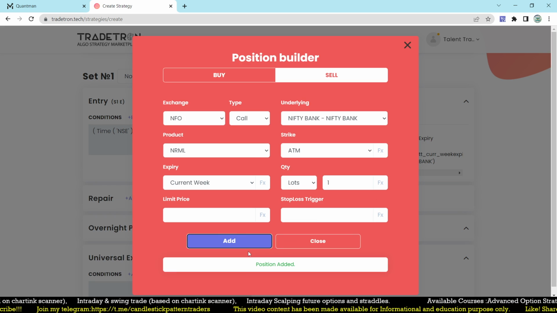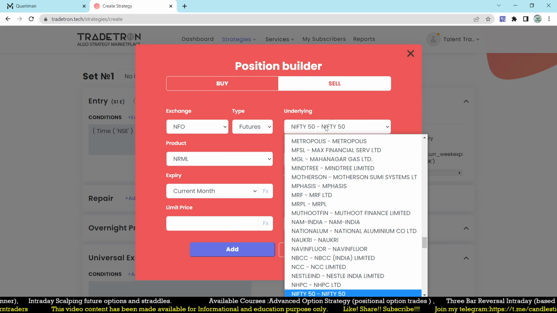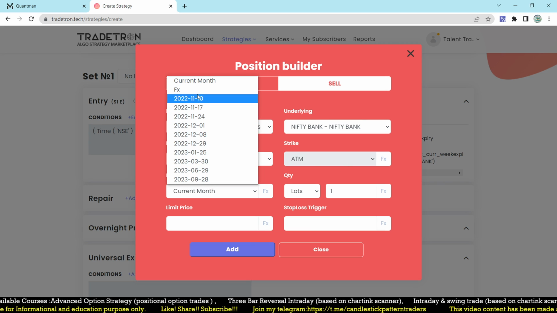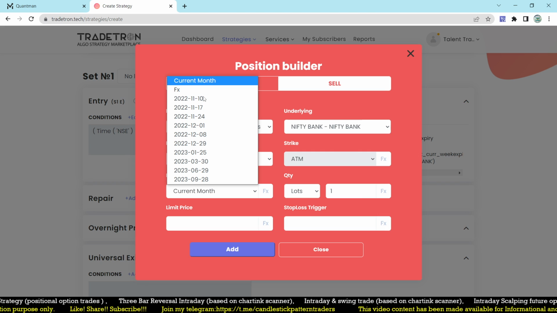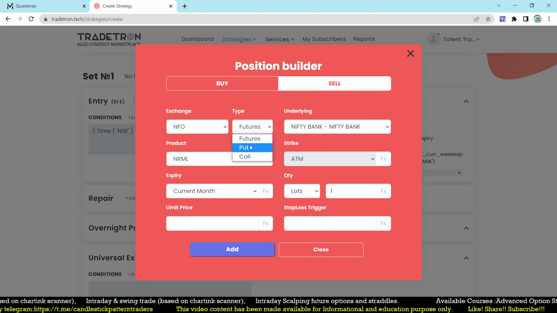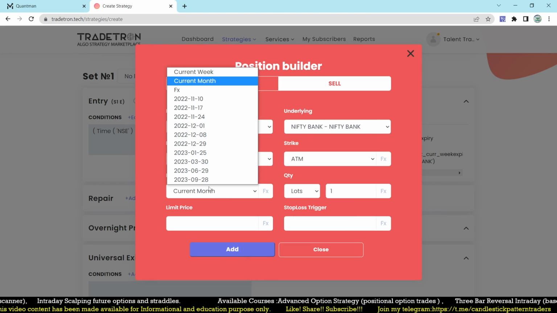I have added that, and in the same way I'm going to add a put option: Bank Nifty, ATM, NRML, current week only. Here it's a put option.